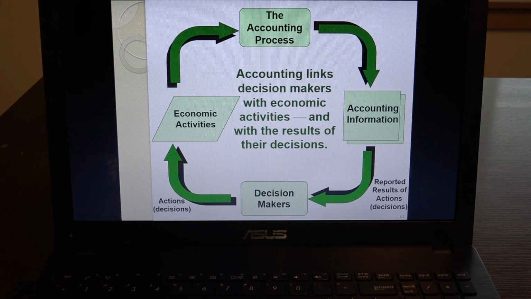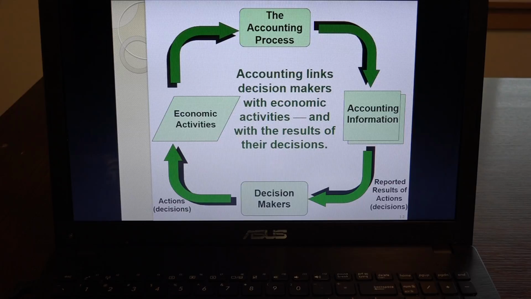And so this accounting process collects information from economic activities of the company. The accounting process accumulates this information, organizes it, and reports results to decision makers so that they can react accordingly.